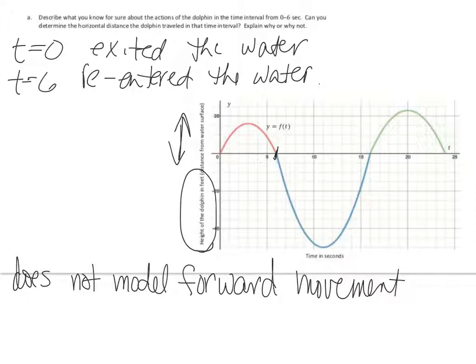This is not trajectory at all. It is vertical leaps and time. So you could almost picture it as if this is the ocean surface, the dolphin exits at time equals 0 and comes straight back down at time equals 6. Okay, time equals 0, boom, time equals 6. Okay, not forward movement.